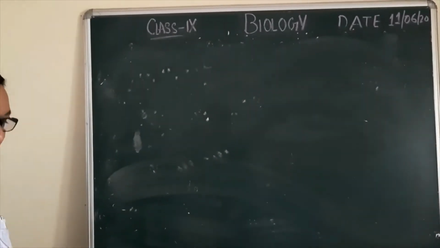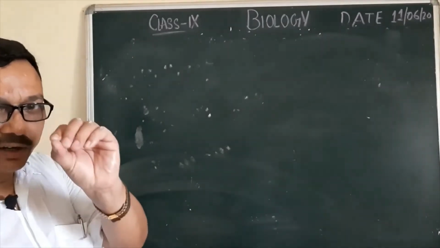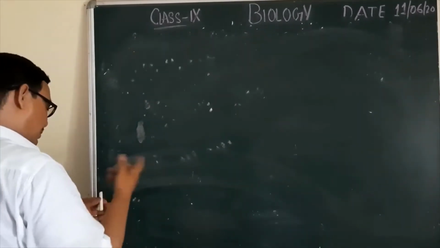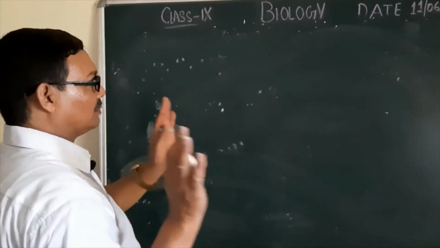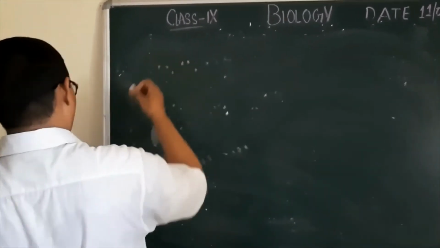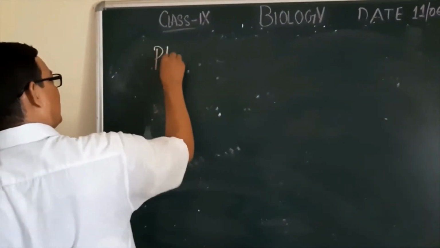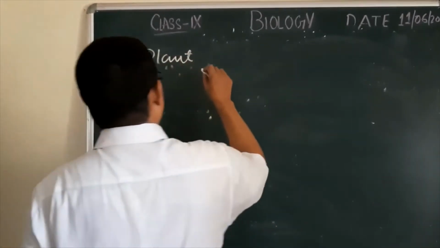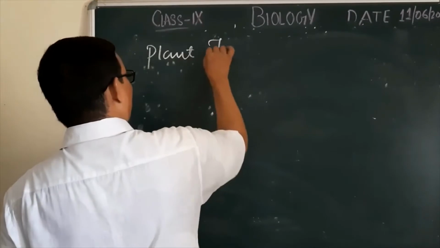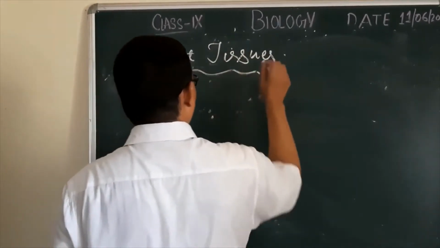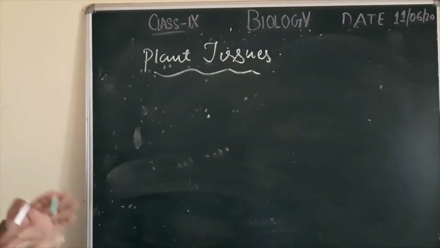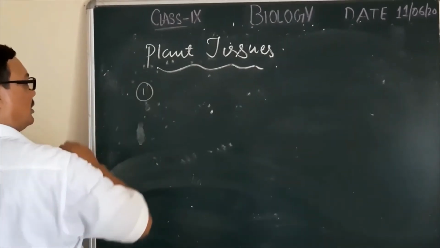Our introductory class has been completed, and from the next day we shall discuss separately the plant tissues and animal tissues. What is the content of the syllabus? In plant tissue, two major types of tissues will be studied.